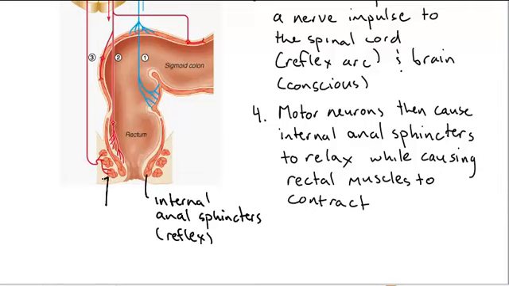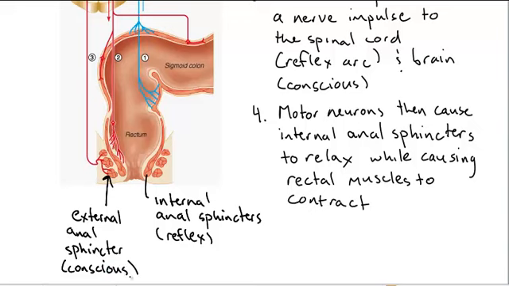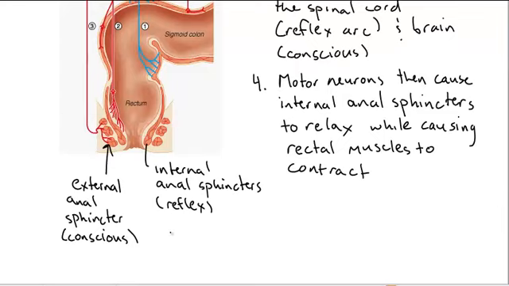But we also have external anal sphincters. And these are under conscious control. And as a toddler moves into childhood, they actually learn to associate the sensation of when the internal anal sphincters relax.